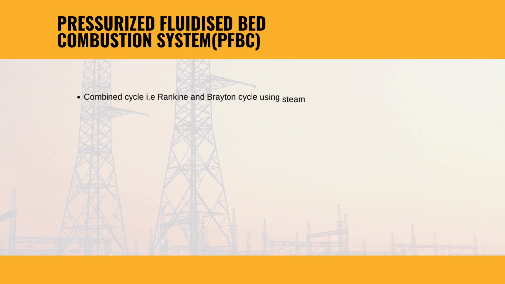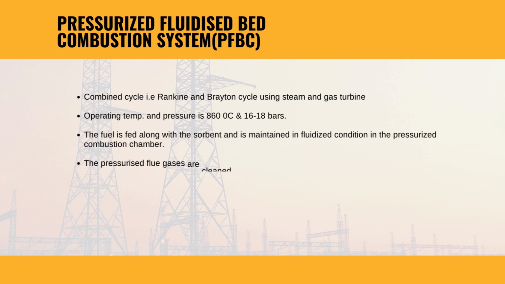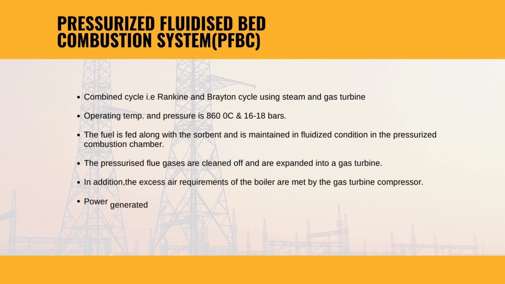Now the third type of FBC is the pressurized fluidized bed combustion system, PFBC. Pressurized fluidized bed combustion is a variation of fluid bed technology that is meant for large scale coal burning applications. In PFBC, the bed vessel is operated at pressure up to 16 to 18 bars.